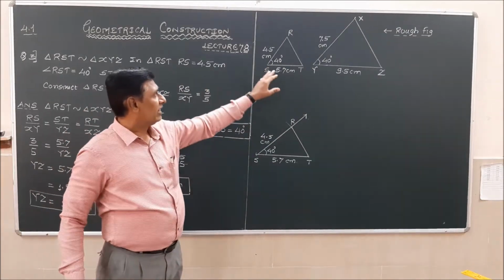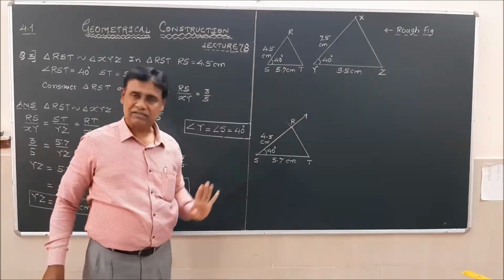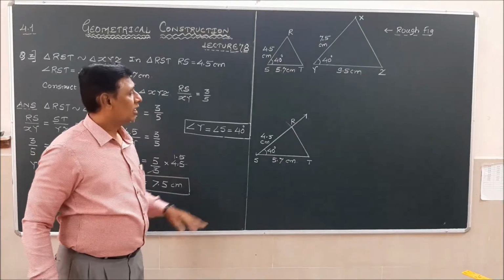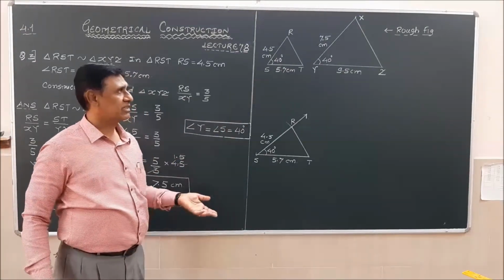So this is how you will find we have drawn triangle RST. Correct? Now we are going to draw triangle XYZ the same way.